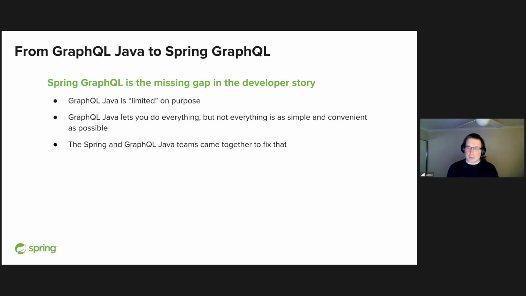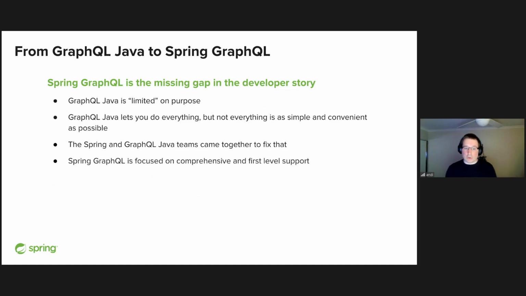And without Spring GraphQL, you need to write it yourself, because GraphQL Java does not deal with HTTP or I/O in general. So Spring GraphQL takes this away from you and gives you an overall story of how to set up and run a GraphQL server. A year ago, roughly, the Spring and GraphQL teams came together to make Spring GraphQL happen. And what you see here is basically the result of this collaboration.